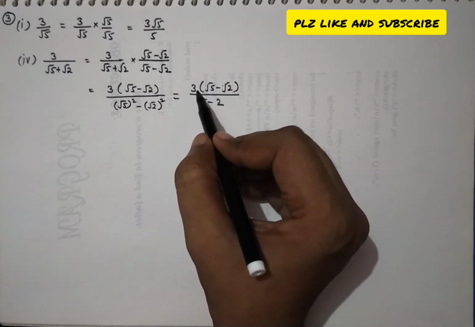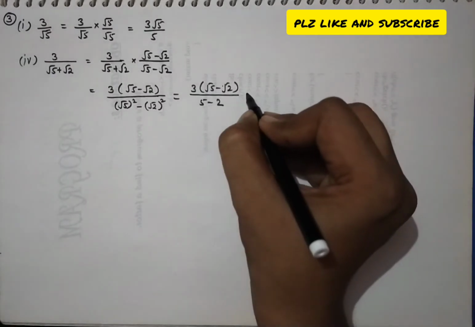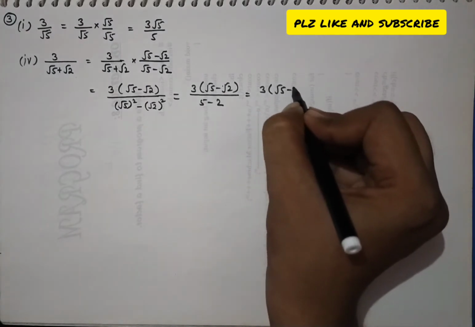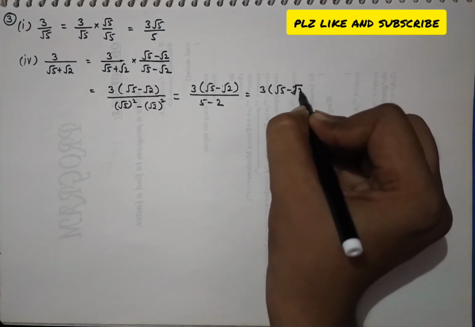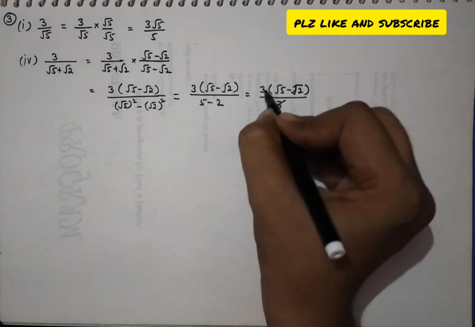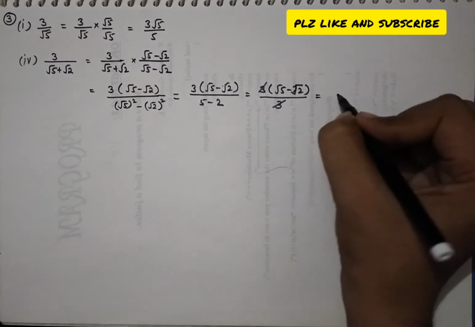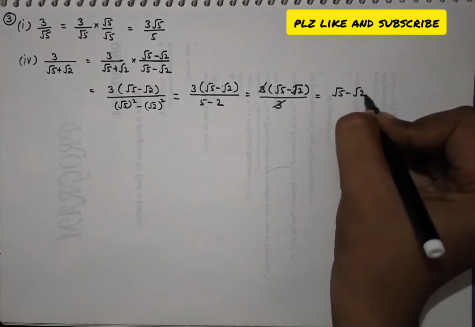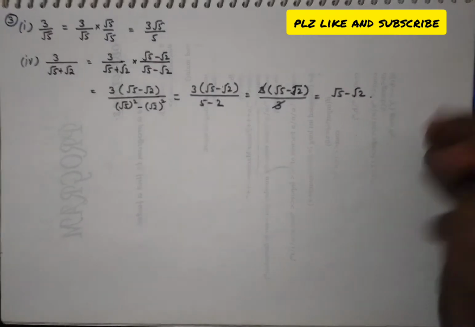So 3 times root 5 minus root 2 upon 3. Now cancel it out and we are left with root 5 minus root 2 as the answer for this question.